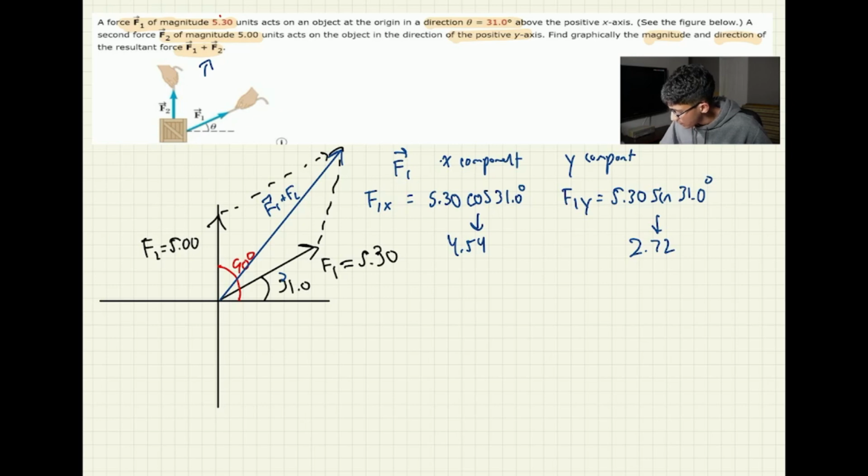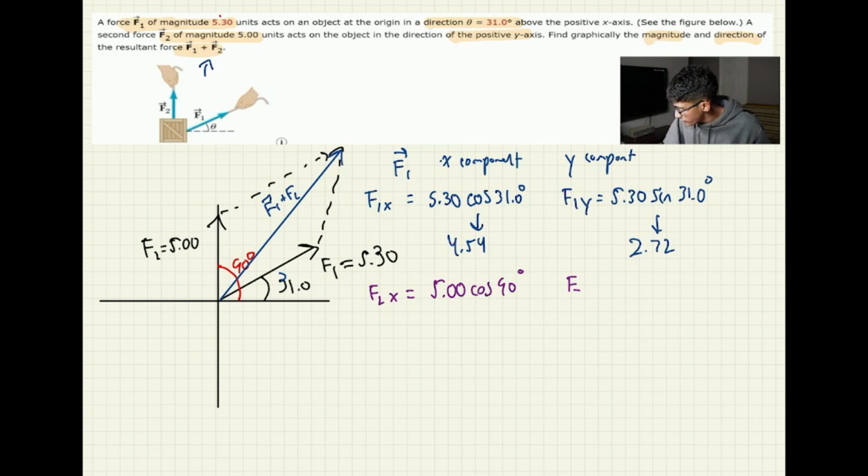To do that, we do the exact same thing. We use a different color. F2x is equal to the magnitude, which is right here, 5.0 cosine of whatever the angle is. Since it's directly going up the y-axis, this has no x component, and its angle will be 90 degrees. So we write 90 right here.